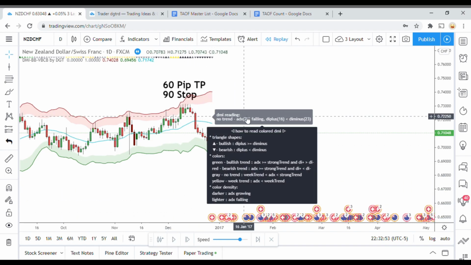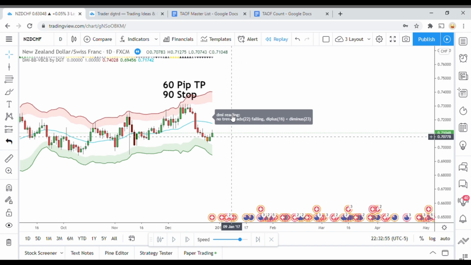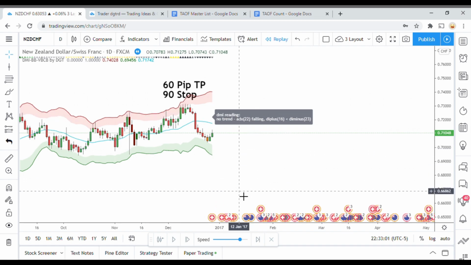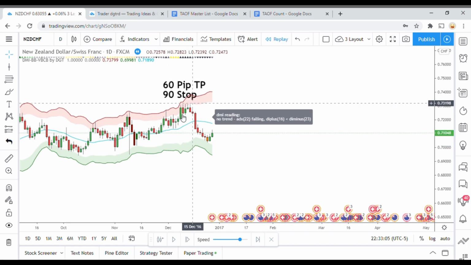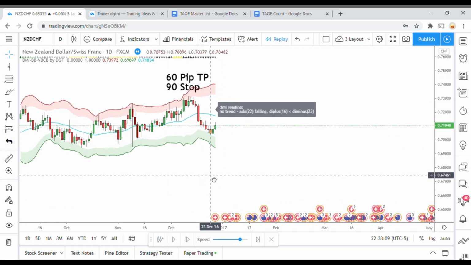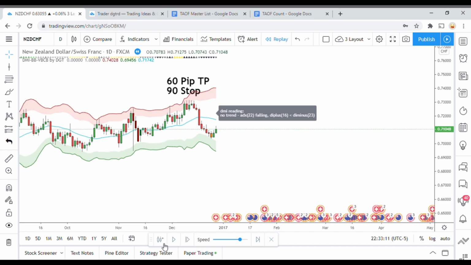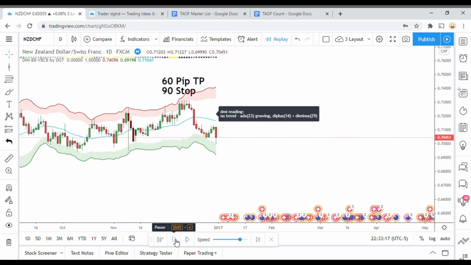Like I said, when it gives us a bullish trend, it is a buy signal, and when it gives us a bearish trend, that's going to be a sell signal. Again, we'll see a little more in detail when we start playing it forward exactly what I mean by that. So with all that being said, let's get on with it and see what we can get out of this.